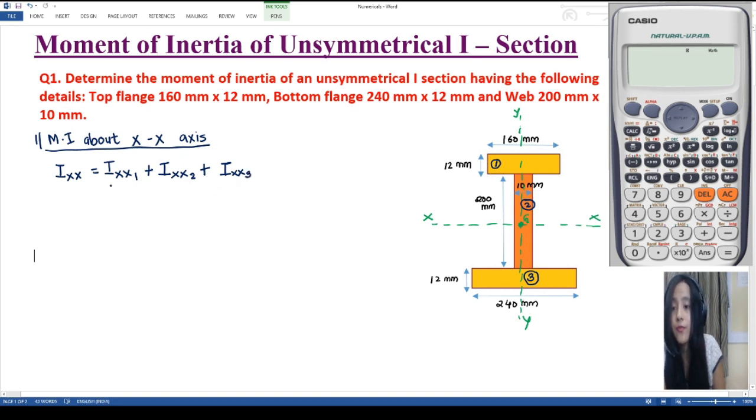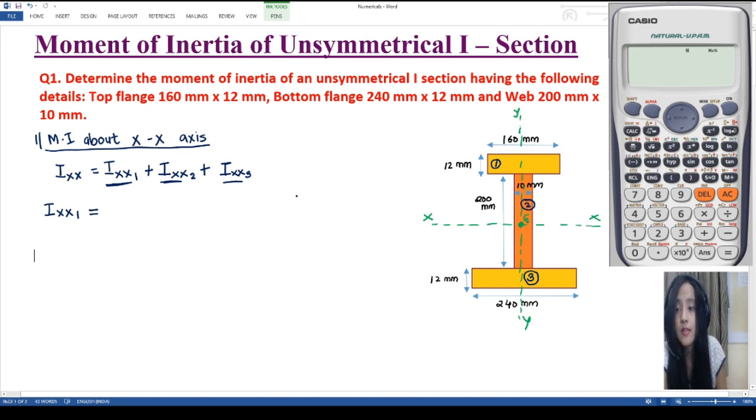Now I have to find how much each of Ixx1, Ixx2 and Ixx3 will be. Since all three of them are running parallel with the XX axis, for Ixx1 I have to apply the parallel axis theorem.